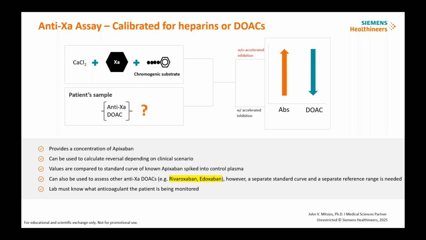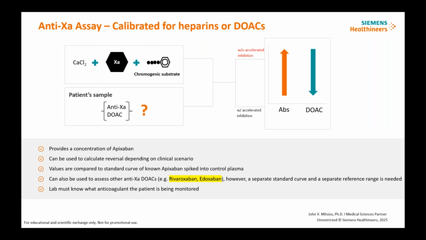But what does this allow us to do? One, it provides us a concentration of apixaban. It also provides, if you're using heparin calibrated anti-10A values, how much functional heparin activity we have, which can potentially be used to calculate the reversal with protamine, or the amount of protamine that we would need to give in order to reverse the anticoagulant effects.